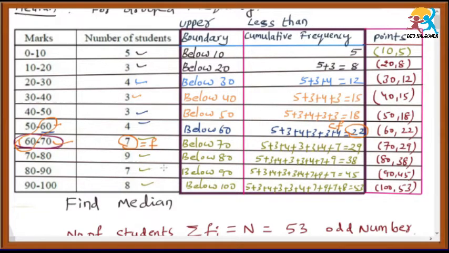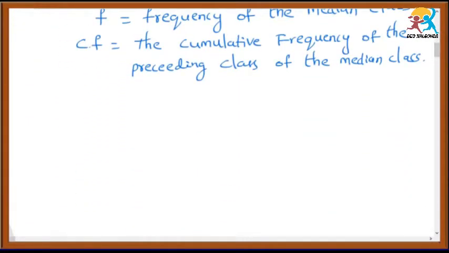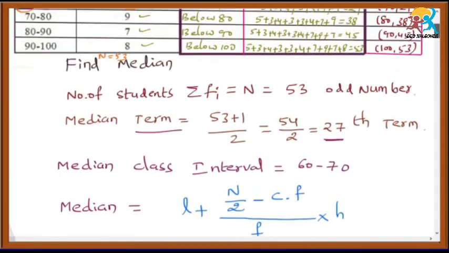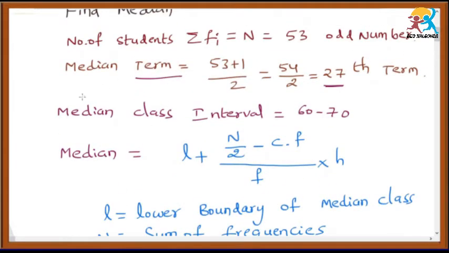So we got all the terms, and we got n is equal to 53 here, or by adding all these we get n. So you can write here n is equal to 53. So substitute all the values in it. So the median is equal to L. What is L also?